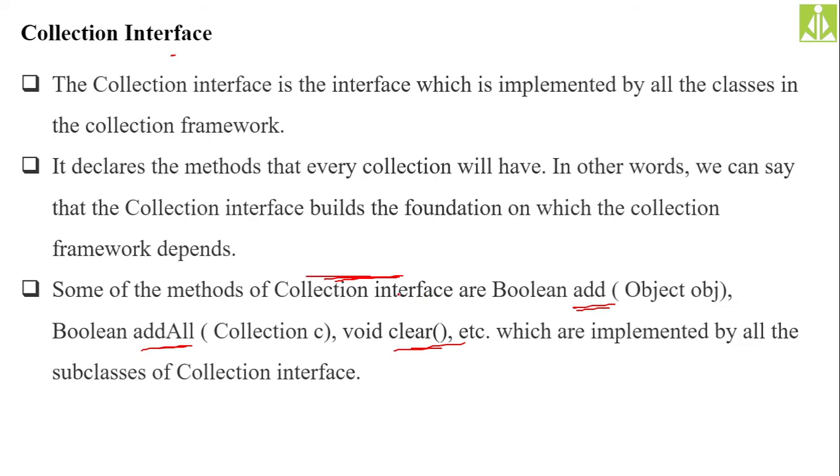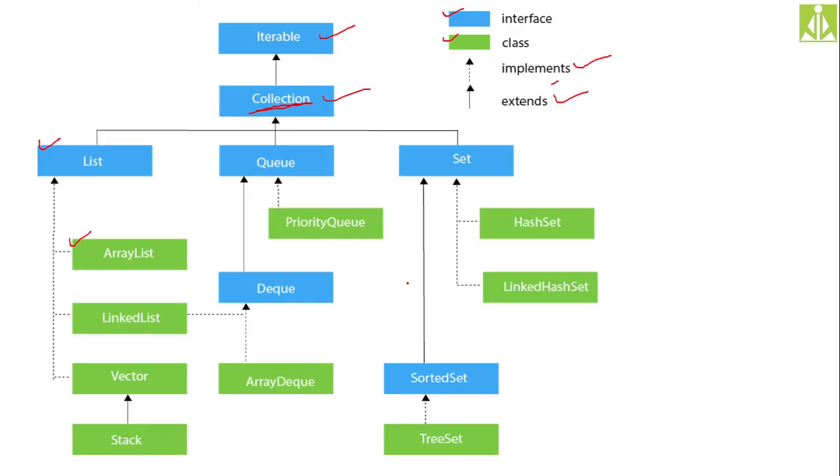But if you see the bottom classes which are implementing the Collection interface, take the example of the ArrayList class. It is implementing the Collection interface. So whatever methods we have inside the Collection interface will be inherited by the List interface. This is also an interface, so being an interface, List is also not providing any implementation for the methods given by the Collection interface.